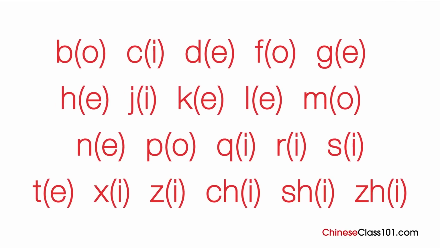So Chinese may pronounce all the initials as 波, ci, de, fo, ge, he, ji, ke, le, mo, ne, po, qi, ri, si, te, xi, zi, chi, shi, zhi.